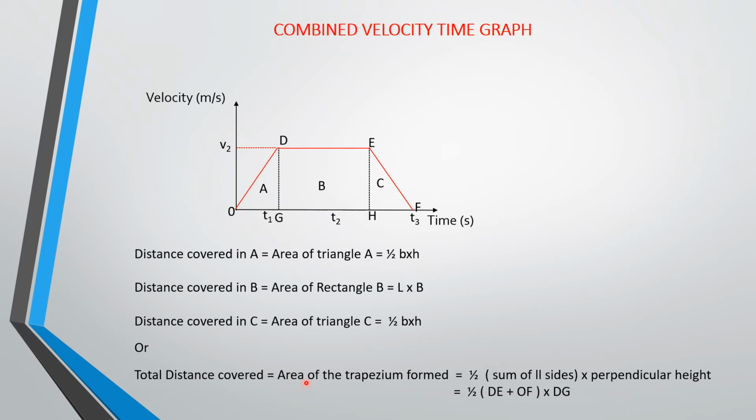And you know that the area of a trapezium is half the sum of the parallel sides times the perpendicular height, which is half DE plus OF times DG. You can either use DG or EF as the case may be. So that gives you the area of the trapezium, and that is also equal to the total distance traveled.